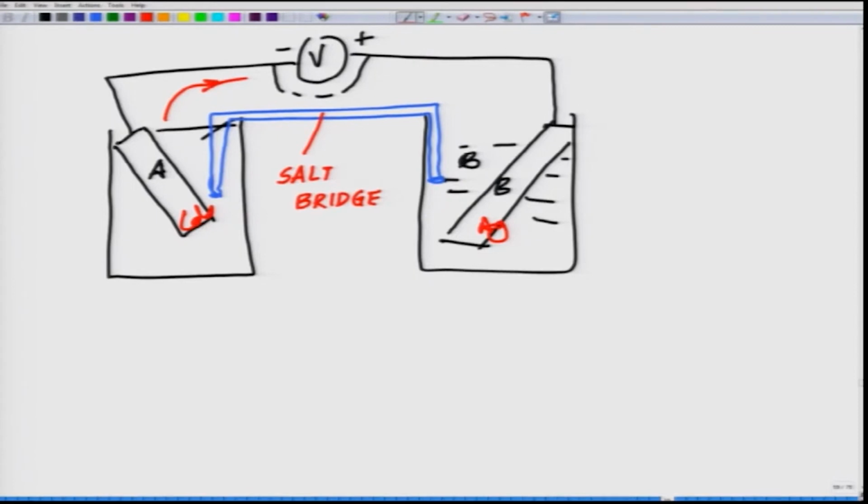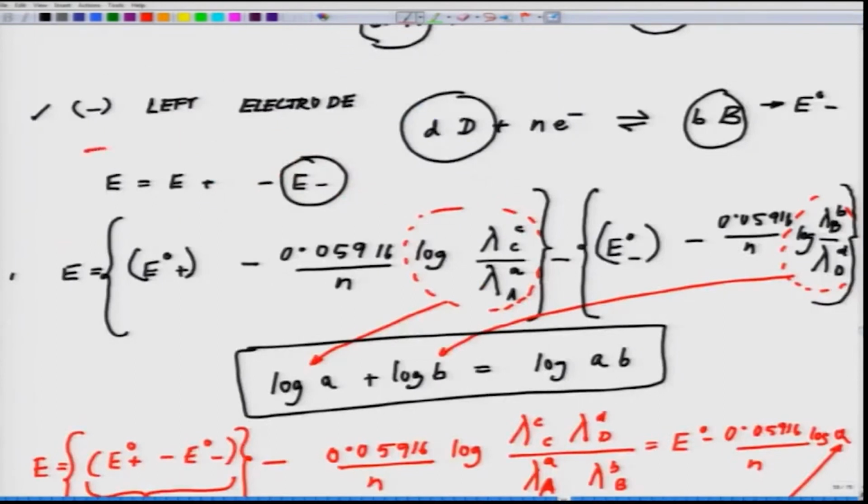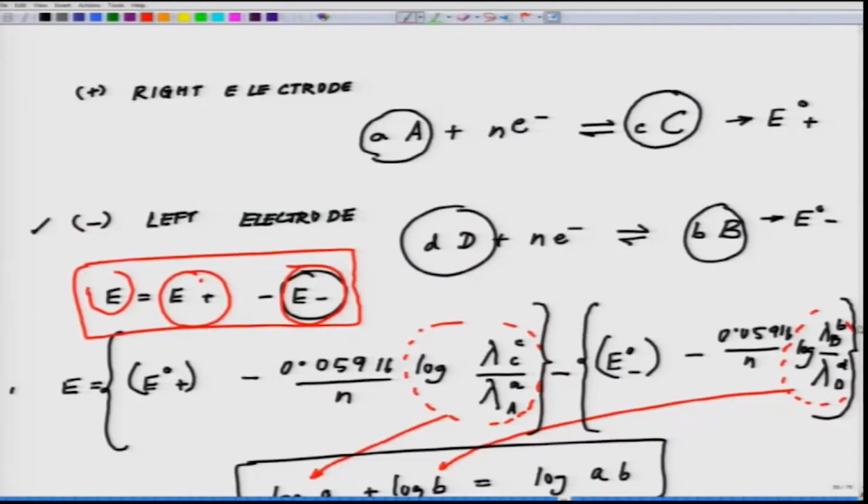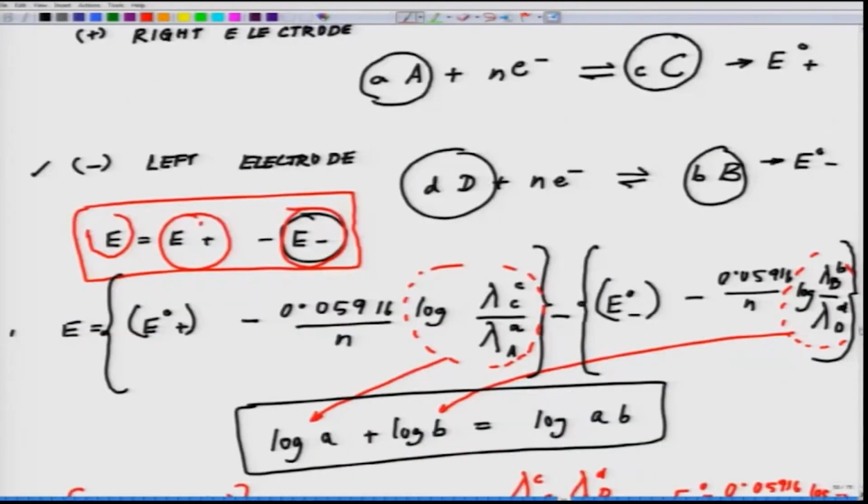If you look at this reaction, this is how we measure: this is the potential, this is positive, this is E negative, and this is how we make the left electrode and the right electrode. Now, if everything is the same, if both the electrode reactions are the same, will the current flow across it or not?